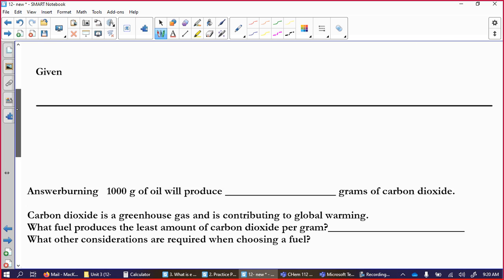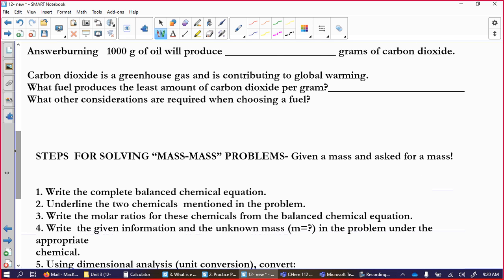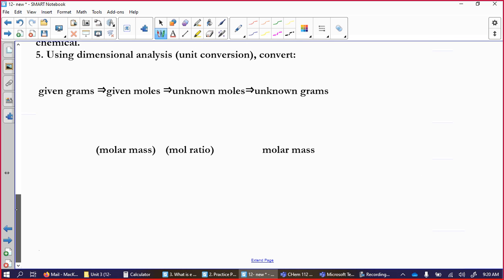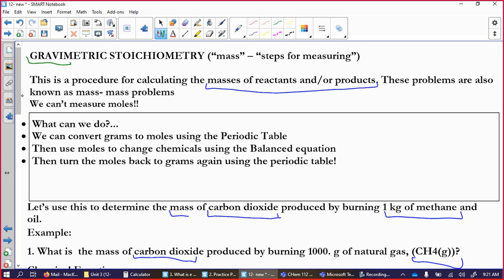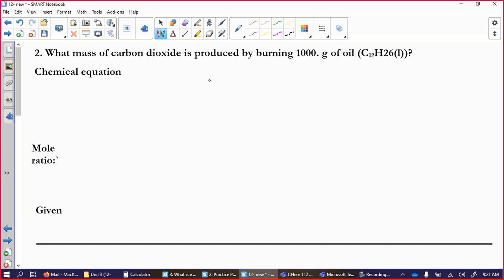So I'm going to do this one, and then we'll wait and do a little bit more. You can try a couple. Burning some sort of oil, C12H26. Normally, like on a test, I'm going to give you a balanced equation.